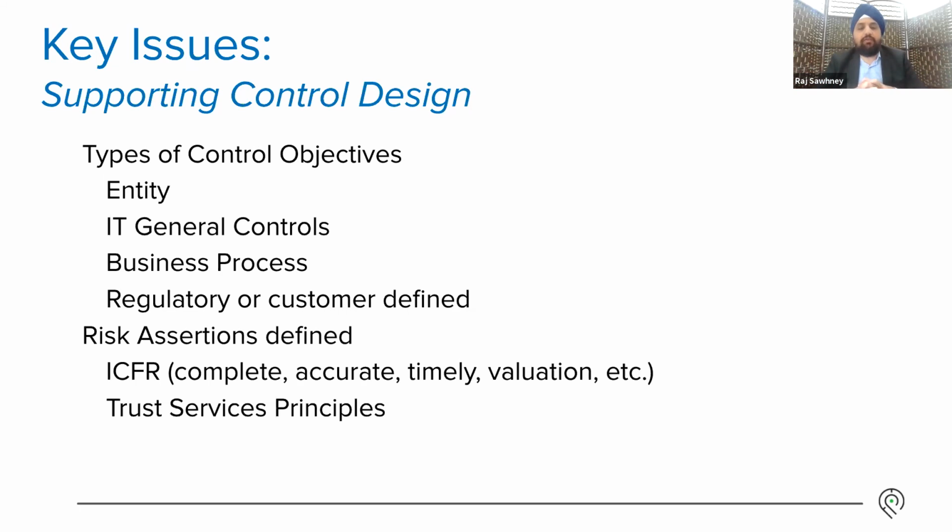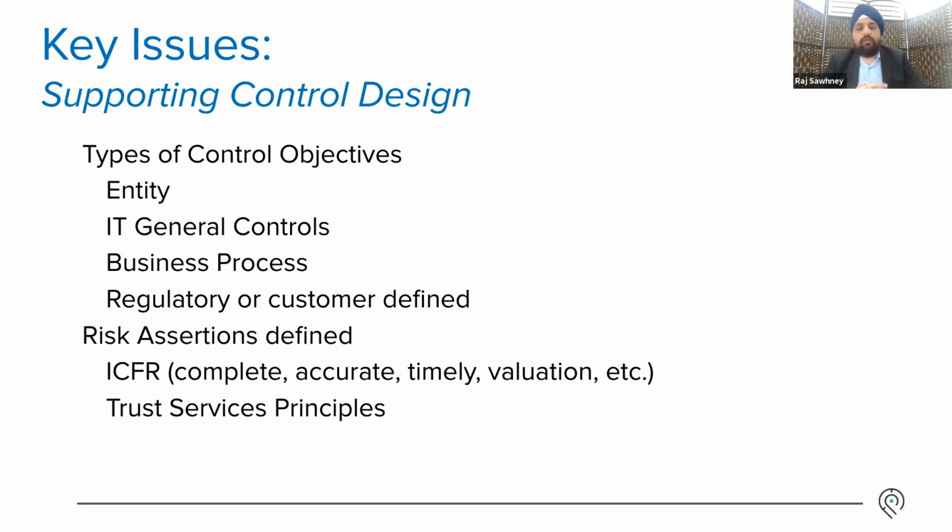Your entity level controls are going to be more of your governance level controls. And then your business process controls are going to be really focused on financial reporting aspects, as well as other areas that will be pertinent to operations of the company outside of financial reporting. So these are the types of control structures that you will see covered in the SOC 1 and SOC 2 report.